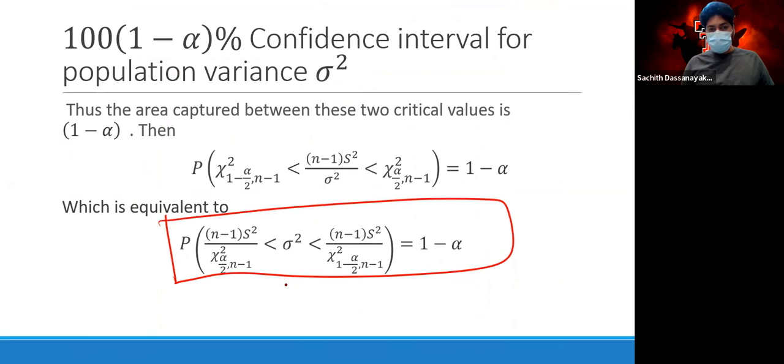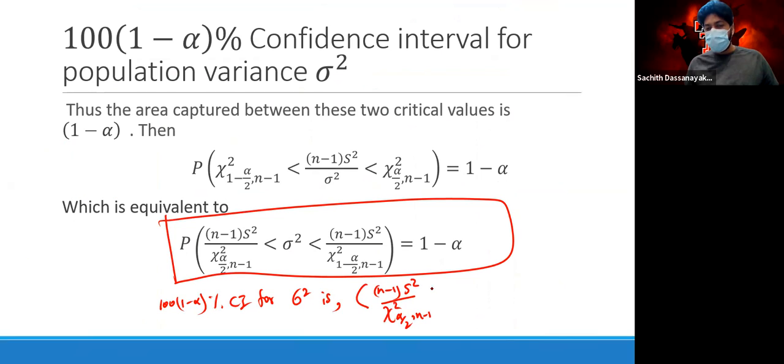From this you can get the 100 minus alpha percent CI for sigma squared, simply written using brackets: n minus 1 s squared over chi square alpha over 2 with degree of freedom n minus 1, comma, and the upper bound is again n minus 1 s squared over chi square 1 minus alpha over 2, n minus 1.